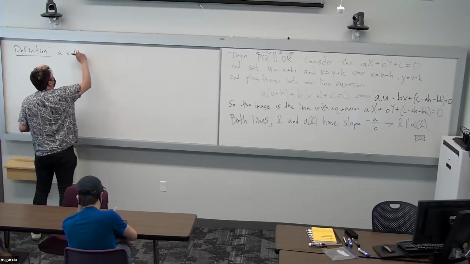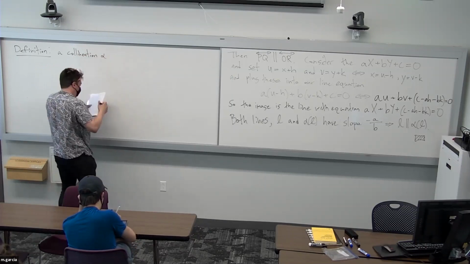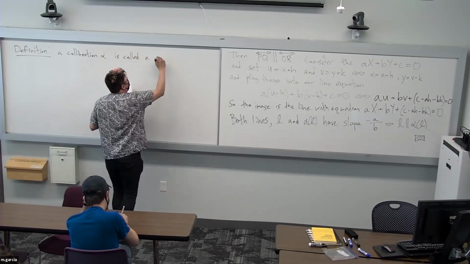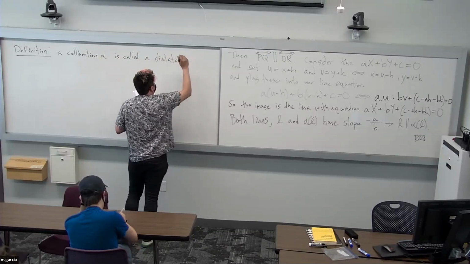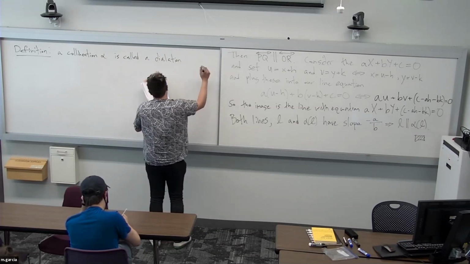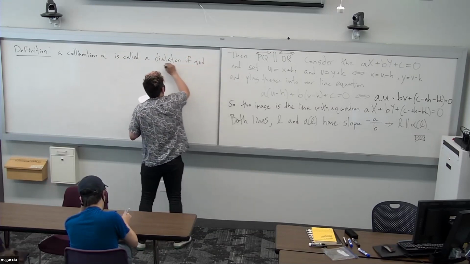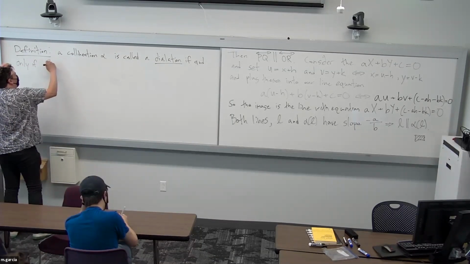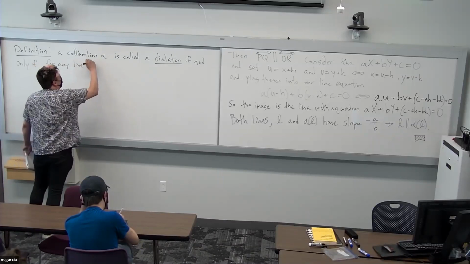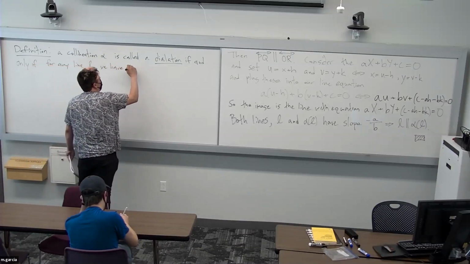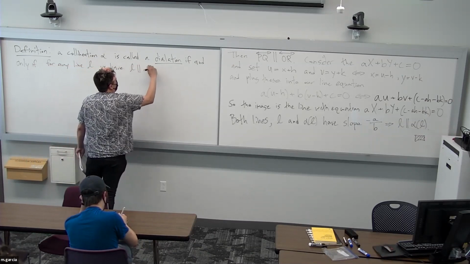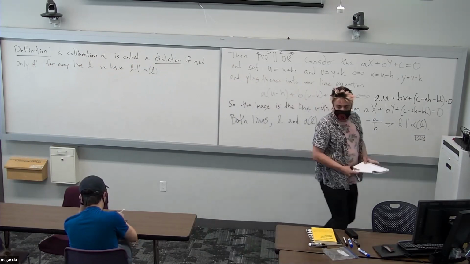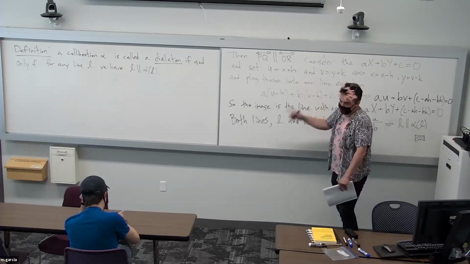A collineation alpha is called a dilation if and only if, for any line L, we have L parallel to alpha of L. So in other words, this theorem that we just proved is saying that every translation is a dilation. Right?